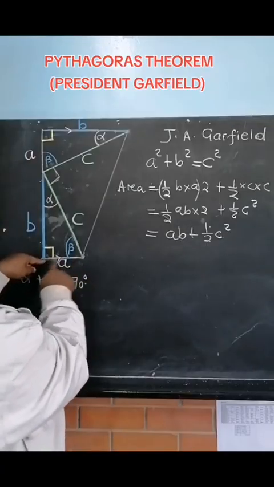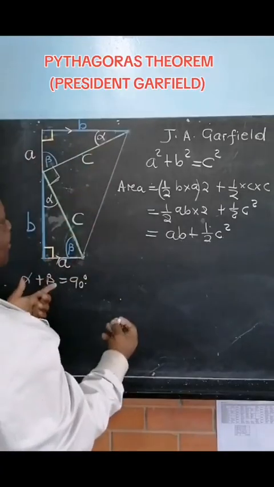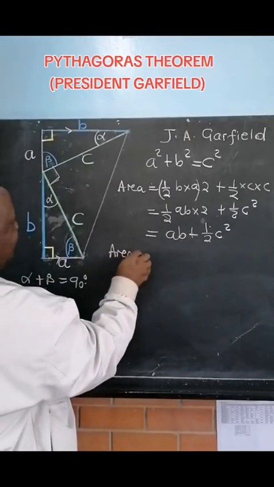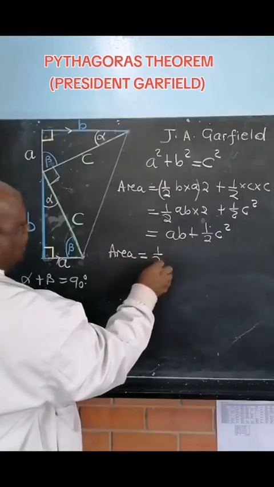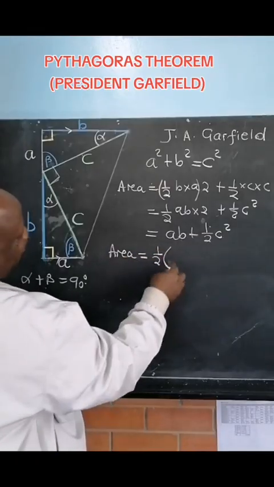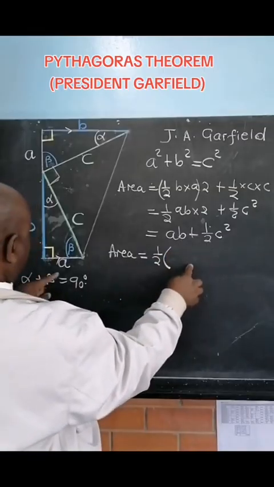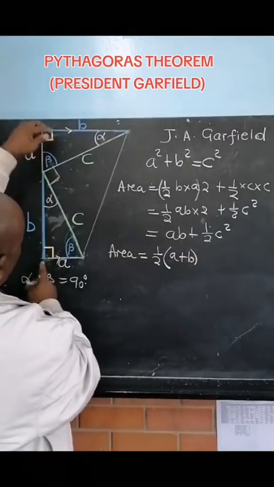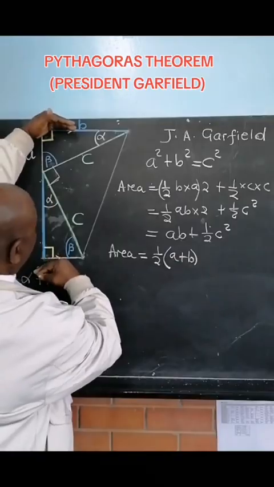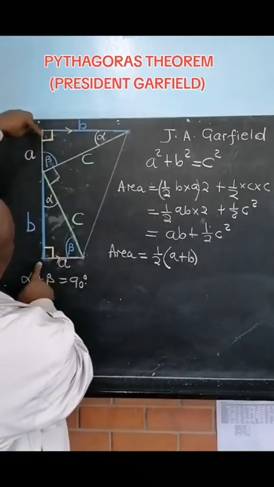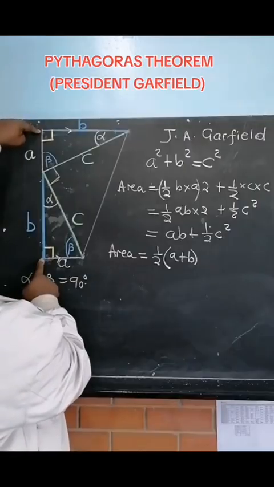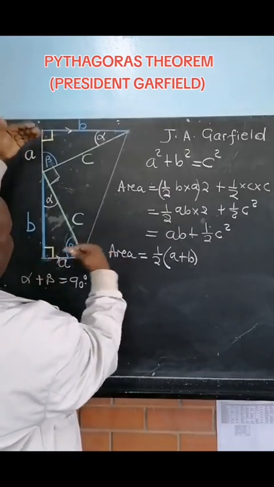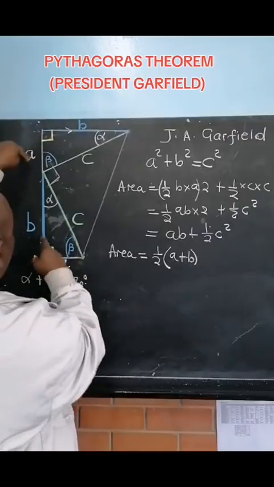So a and b are parallel, meaning that for the area of a trapezium, the area is half of the sum of two parallel sides, which is a plus b, times the perpendicular distance between them. The distance between a and b is this entire line, which is a composition of a and b. So the height, that is the distance between the parallel lines, is a plus b.